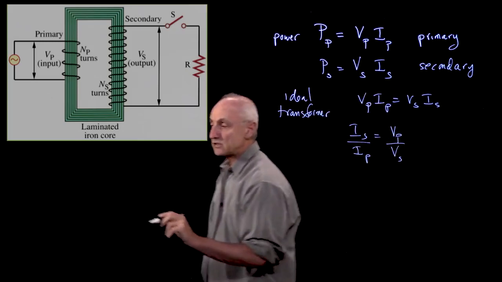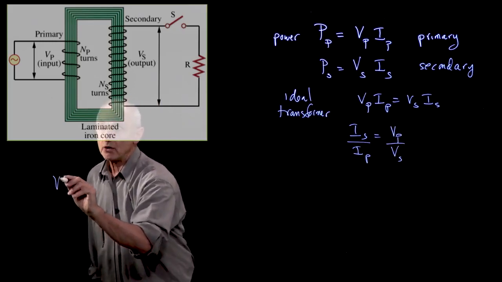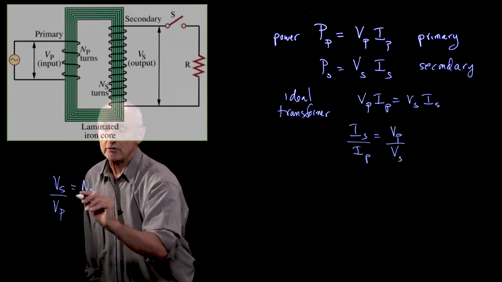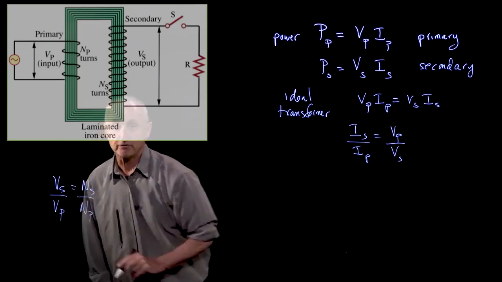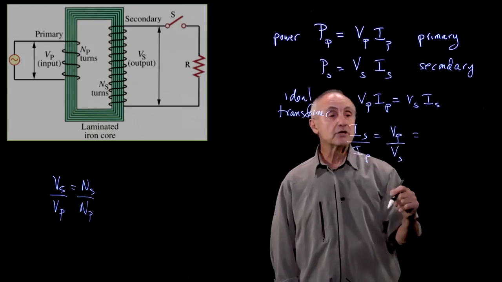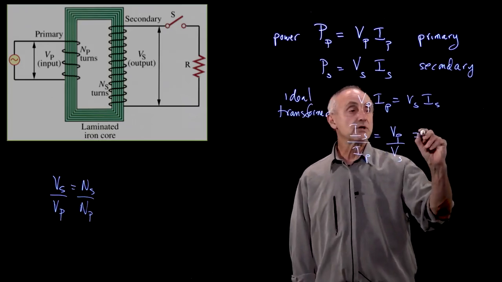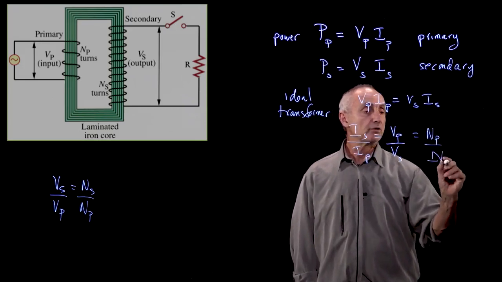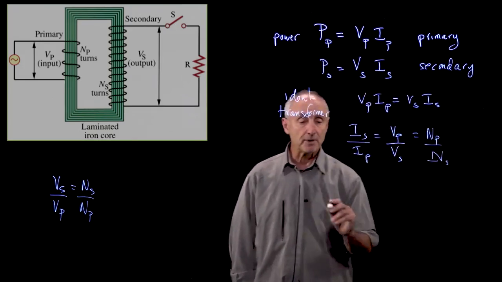When we analyzed our transformer, we had V secondary divided by V primary equal to the number of turns in the secondary divided by the number of turns in the primary. So this is actually the inverse relationship: the number of turns in the primary divided by the number of turns in the secondary.